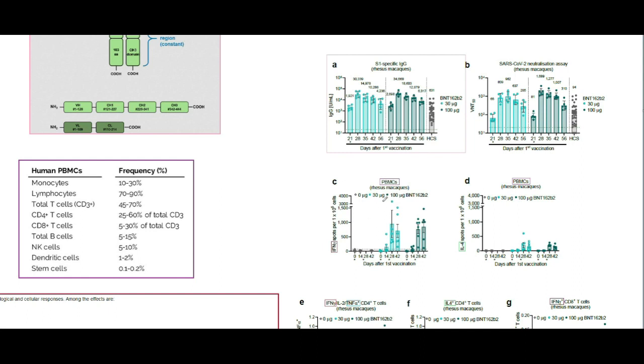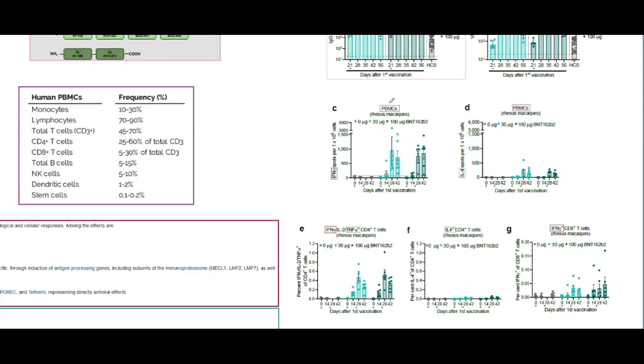Down here we have our peripheral blood mononuclear cells, which I have listed over here. So those are the monocytes and lymphocytes and things like that. And we're looking at the IFN, which is the interferon gamma levels, with a 0 microgram inoculation, which we see down here.